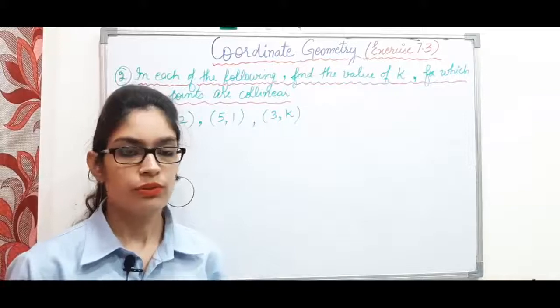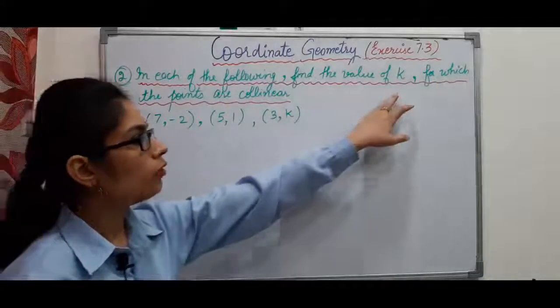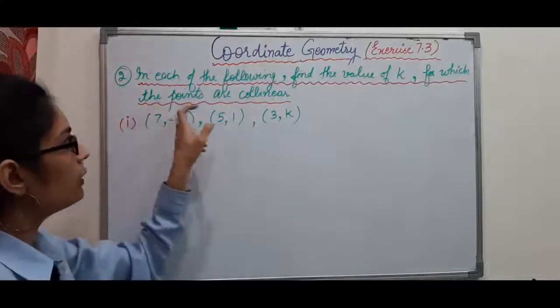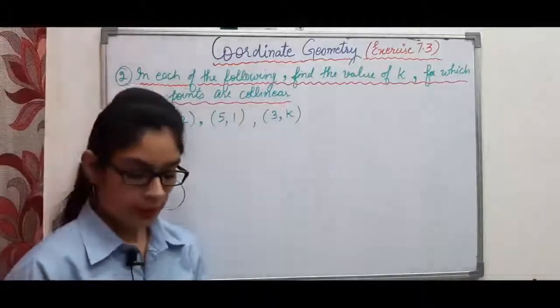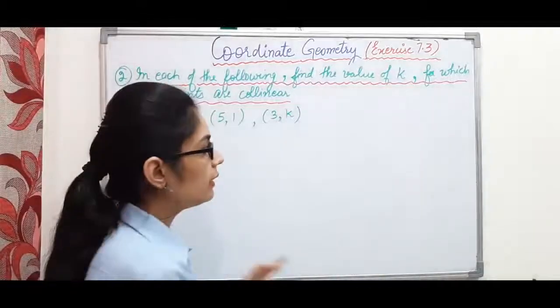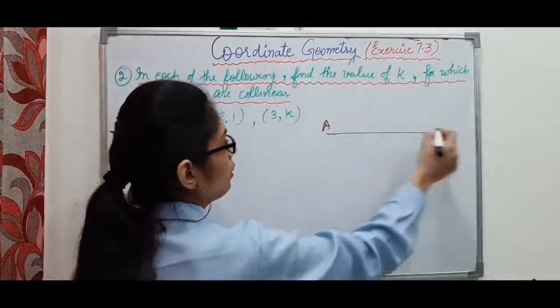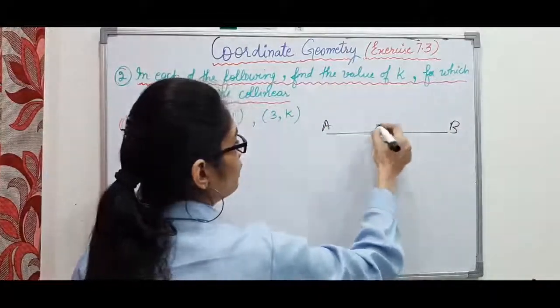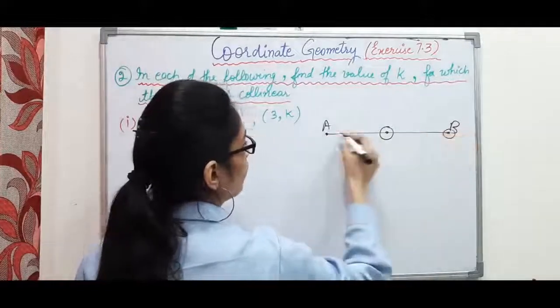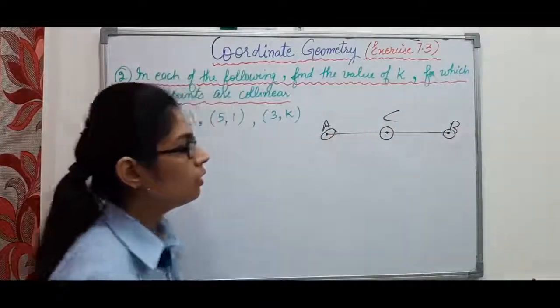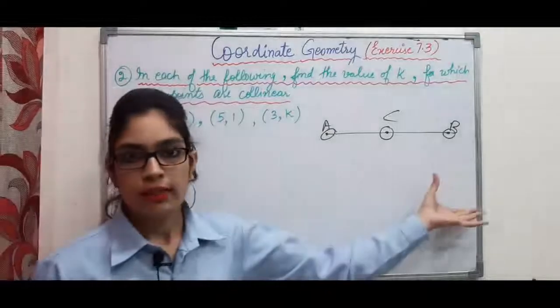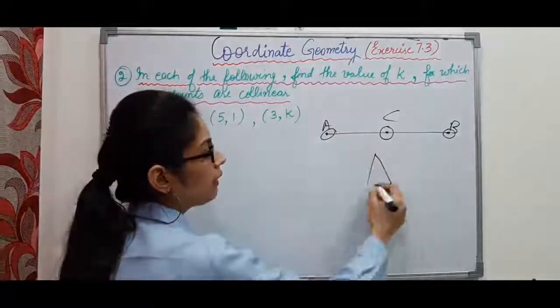In the second question, we have to find the value of k for which the points are collinear. Collinear means all the points lie on one single line. So if I have one line AB, all the 3 points will lie on this single line. If all the points are collinear, they cannot form a triangle.